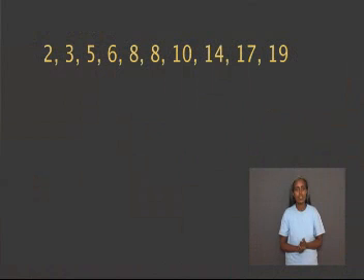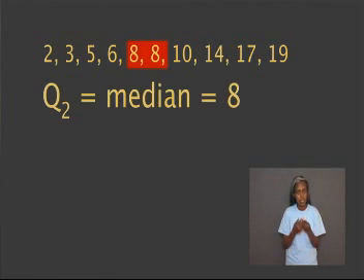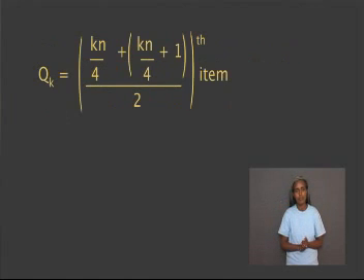Our first step is to arrange the data in ascending order. The median will be the average of the 5th and 6th numbers. Since both numbers are 8, the median will be 8. Next, we take our formula for determining the quartiles.